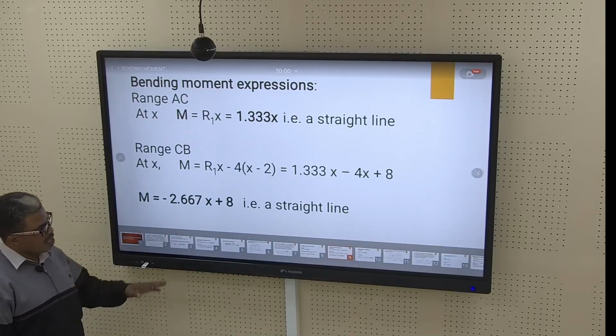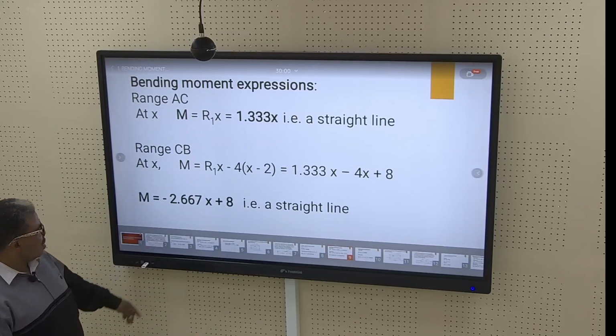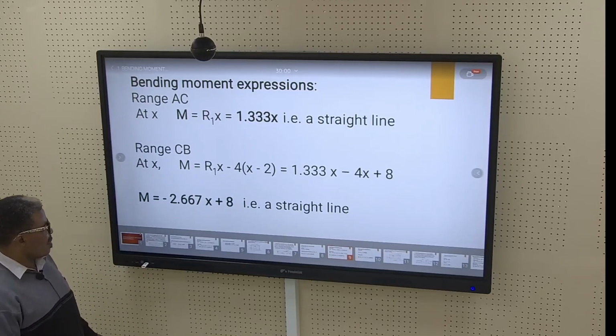Putting the like terms together, the expression becomes minus 2.667x plus 8. It gives a straight line.